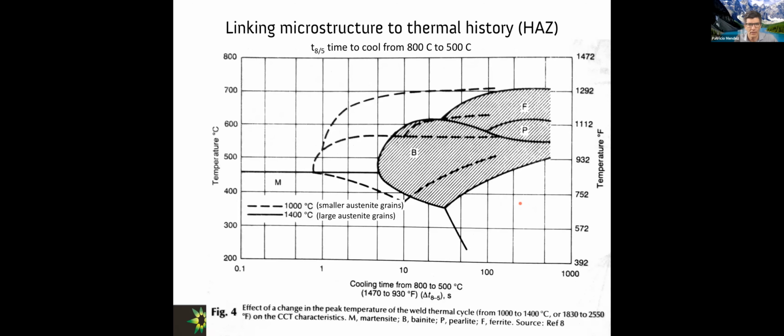So I want to, now this is a CCT diagram. I don't need to tell that to you. You should recognize it. And we have what is shaded, we see on the left, austenite, ferrite, perlite, bainite, and we have two diagrams. And what is the reason? The one on the dashed lines is what you would do with a 1,000 degrees austenite hold, and has one given austenite grain size.